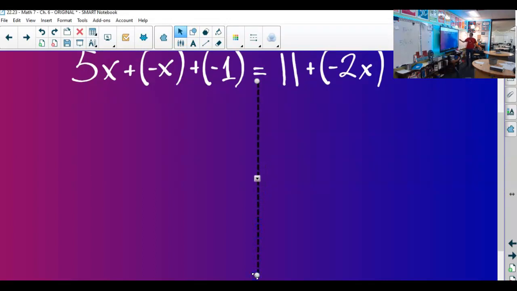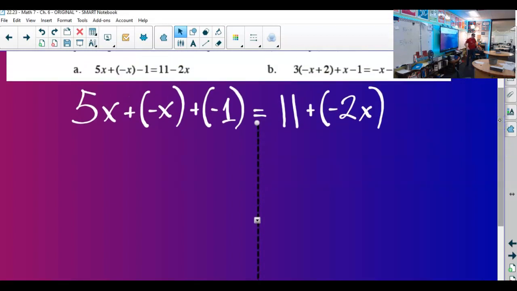Now, always, if we can combine like terms, start by combining like terms. Are there like terms you can combine?